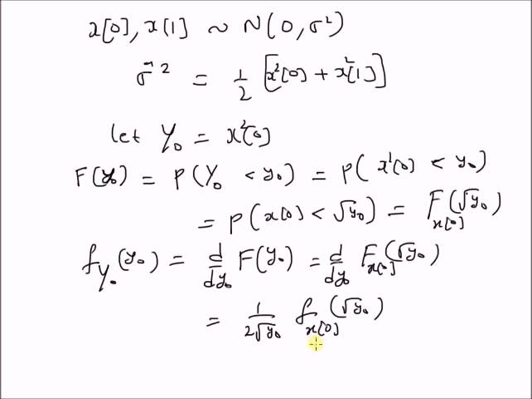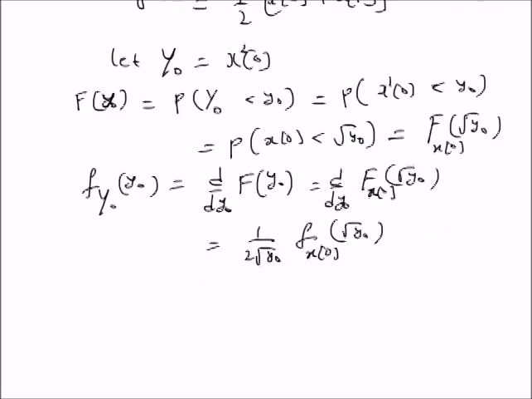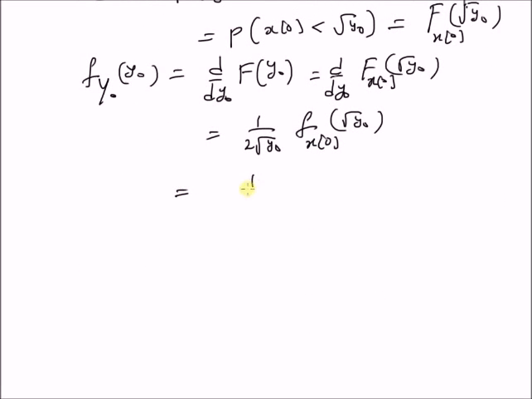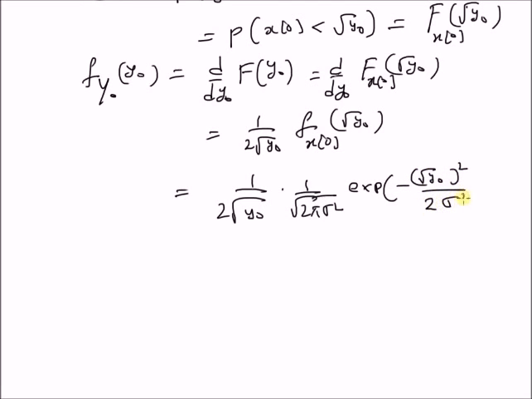And this PDF f x0 is, from the given information, a normal distribution with mean 0 and variance sigma square. So by using that information, we have 1 by 2 times square root of y0 multiplied by 1 over square root of 2 pi sigma square multiplied by exponential of minus square root of y0 whole square divided by 2 times sigma square.